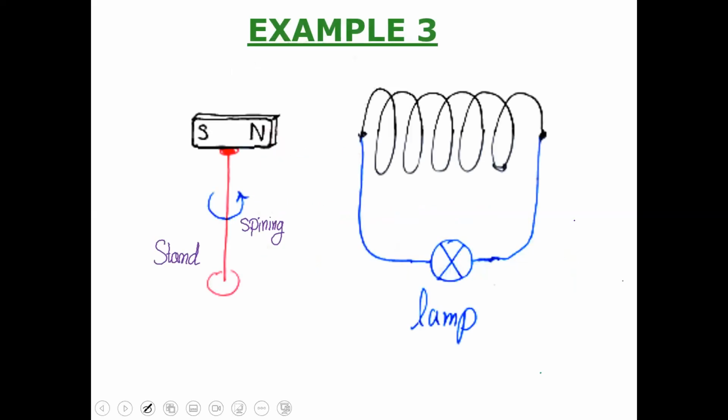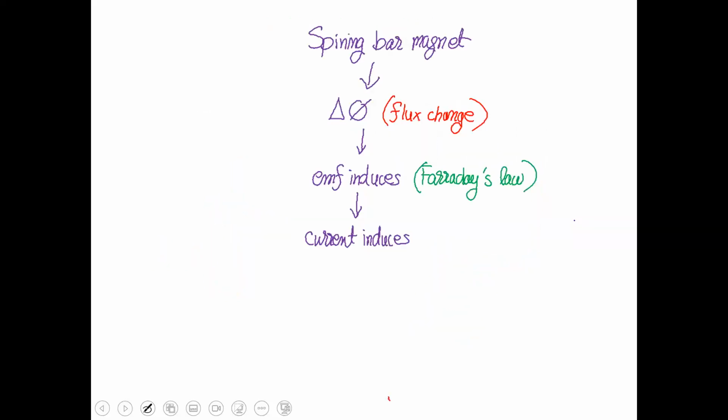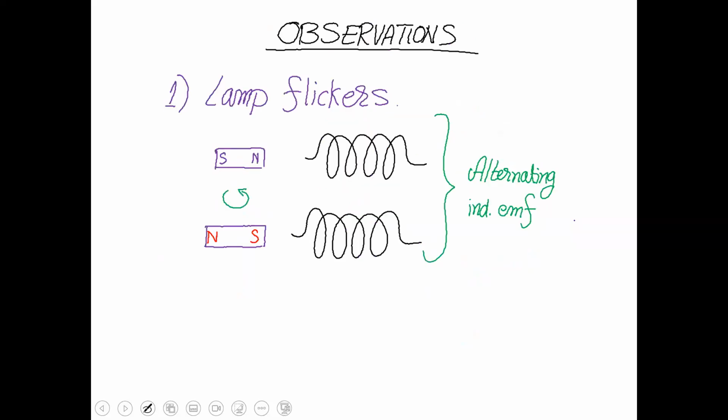Now, these are numerous examples. This is another example. These are all past paper examples. You can look at this example. This magnet is spinning in front of the solenoid. So the flux cutting in the solenoid will change. But this time, the current is induced in a flickering way.